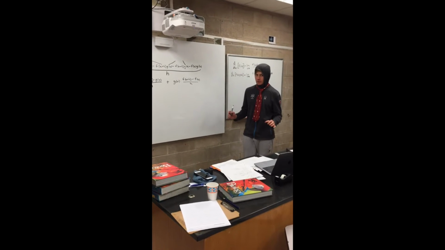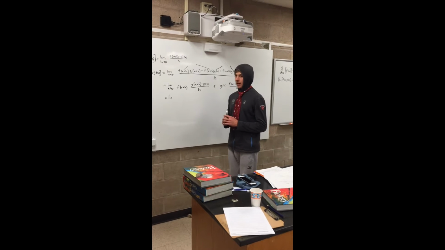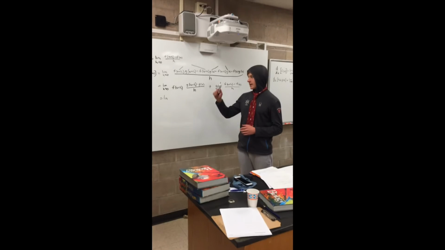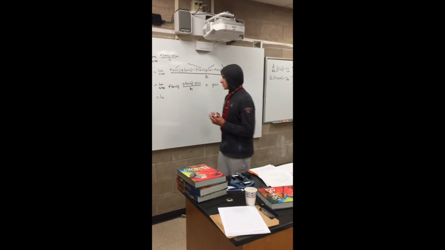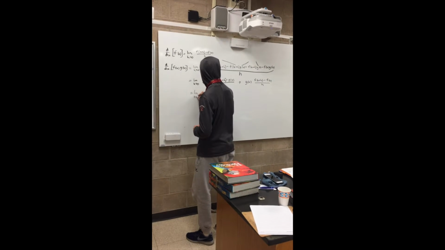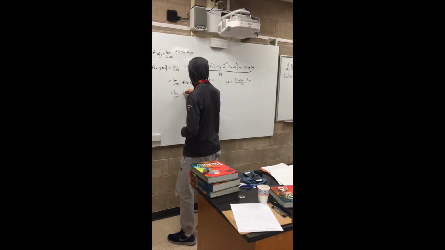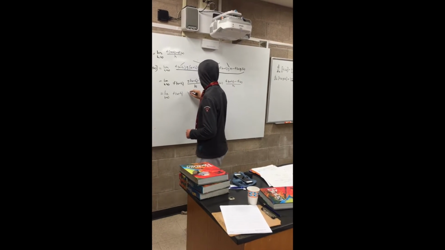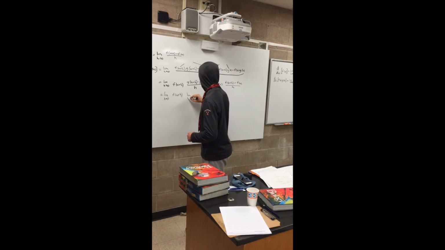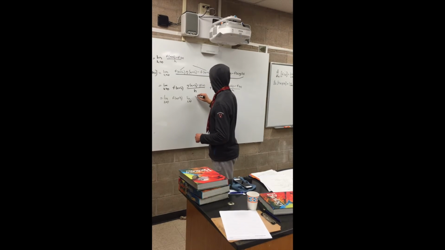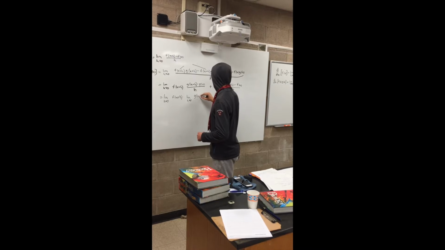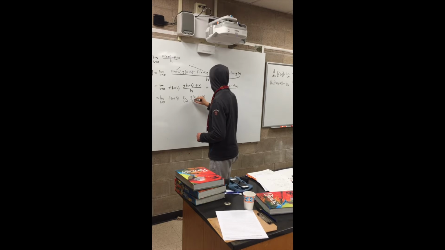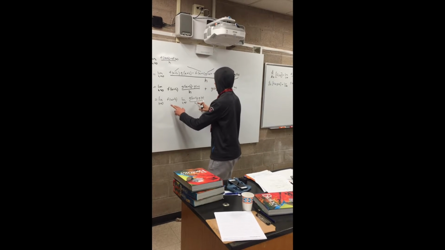Alright, we are so close to finding the final answer. So now you're going to take the limit as h approaches 0 and apply it to all of these functions. So we're going to take the limit as h approaches 0 of f of x plus h. We're going to take the limit as h approaches 0 of g of x plus h minus g of x over h, and those are multiplied together, remember.